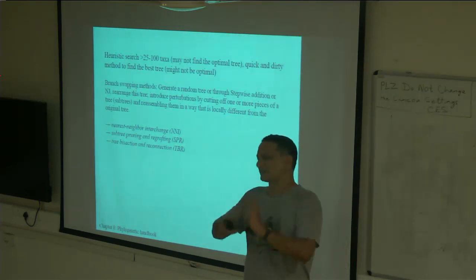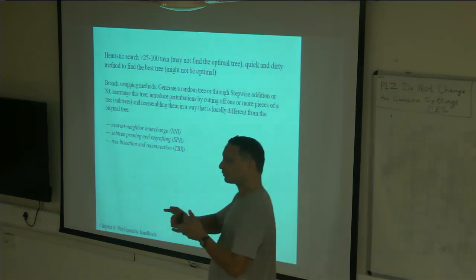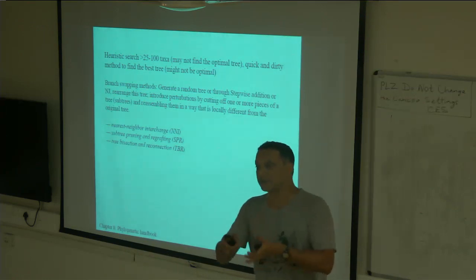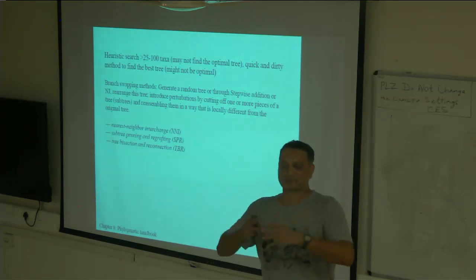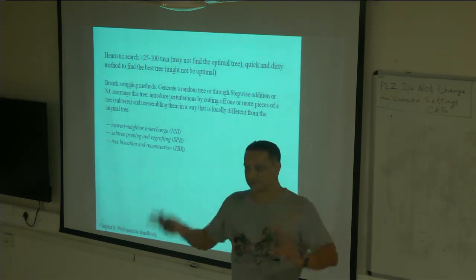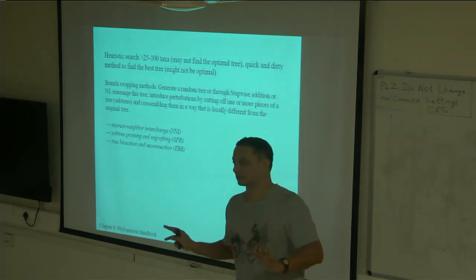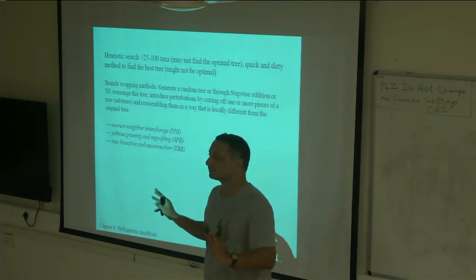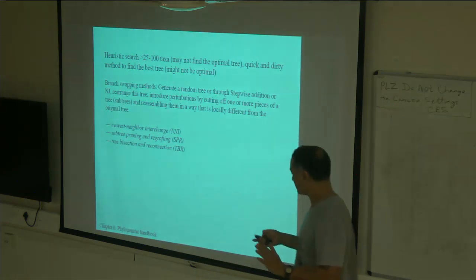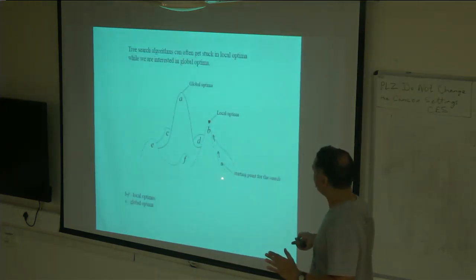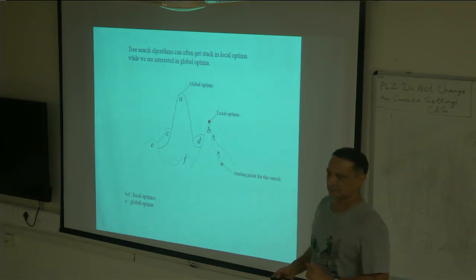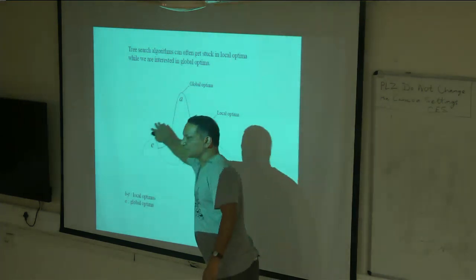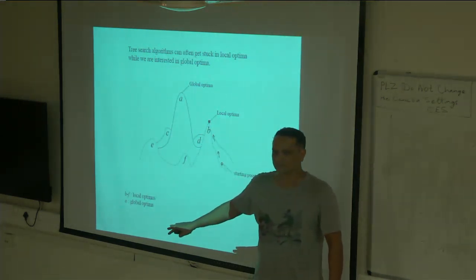Now, the program tries that for some time, and you can change that setting also. How long should it keep trying? And then it says, based on, I've looked at so many thousands of trees, here is the best among the lot. Okay, and it might be the optimal tree, I don't know. So the problem, as we said, is that it might land up here. When you're starting with a random tree, it is somewhere in this landscape, right?